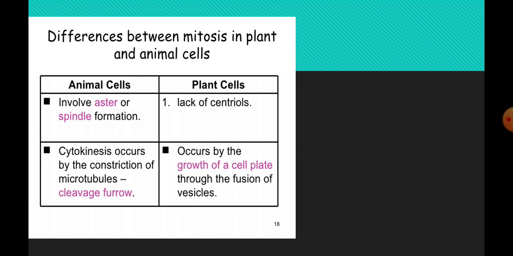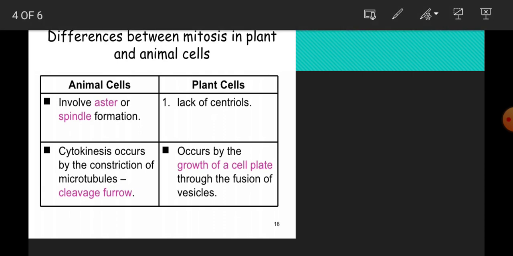Differences between mitosis in plant and animal cells. As plant cells and animal cells are quite different in their structure, there are two important differences between them in terms of mitosis. In animal cells there are aster rays from the centrioles, but as there is no centriole in the plant cell, there is no aster ray formation.